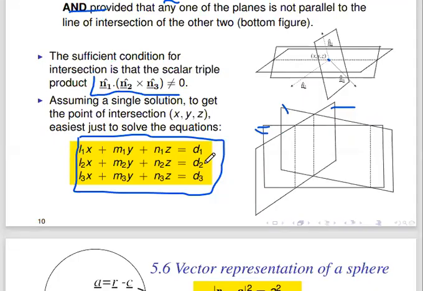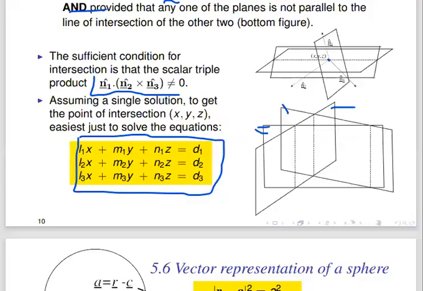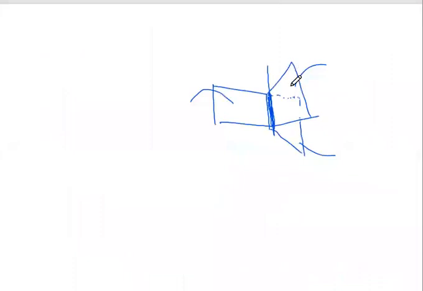So in this case, what is the scalar triple product? This one and this one, parallel. What happened to the scalar triple product?